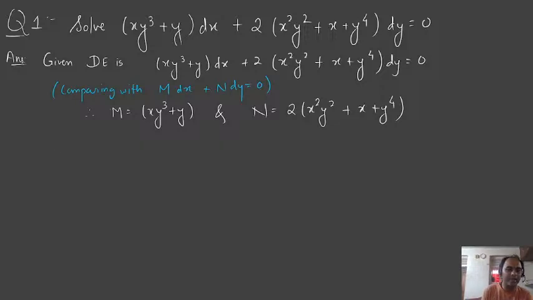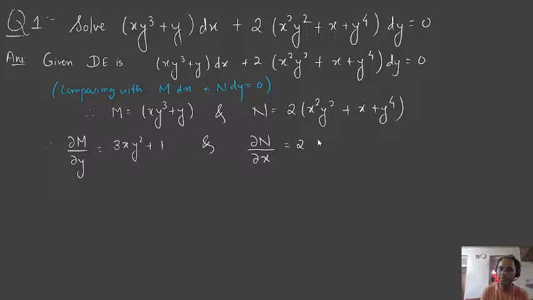Now we check whether the partial derivative of M with respect to y is a good answer or not. That is also very important. So you take the derivative. It is 3xy square plus 1.